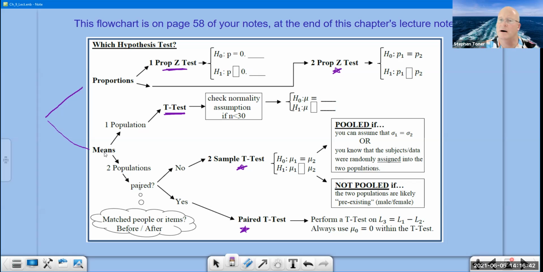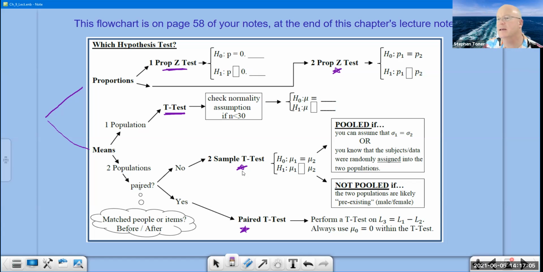Am I dealing with one population or two? And that will then take you on one branch or the other. If you know that you have two populations, you're going to ask, do I have paired data? More on that later. And if the answer is yes, you're going to do the paired t-test, which I'll teach you how to do later. And if the answer is no, you'll move on to the two sample t-test.